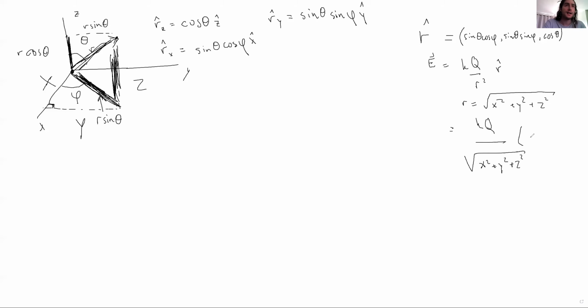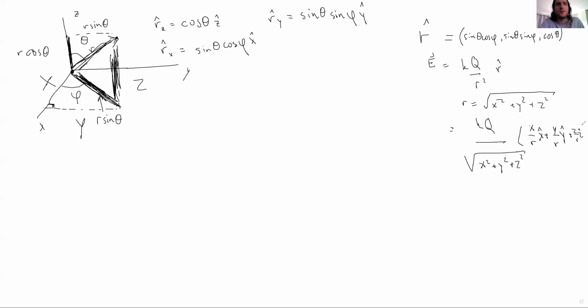But r hat as a unit vector can be written as x over r, x hat, plus y over r, y hat, plus z over r, z hat.